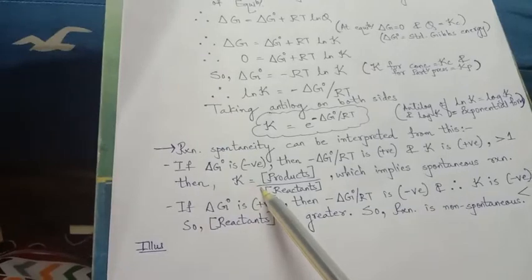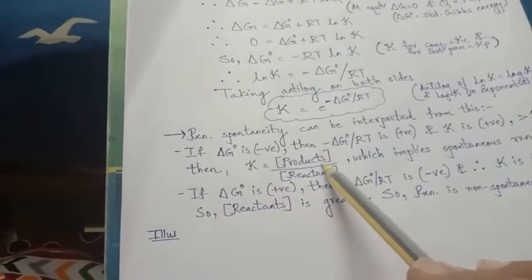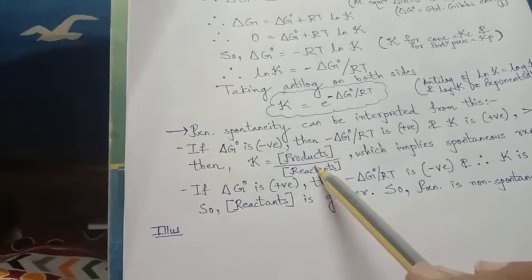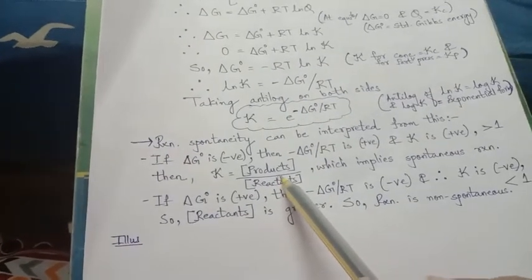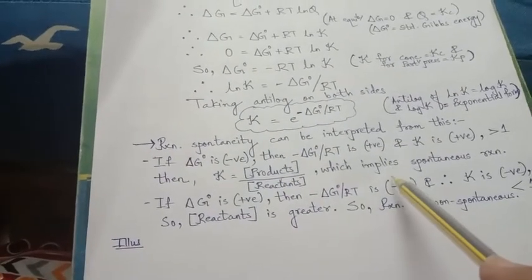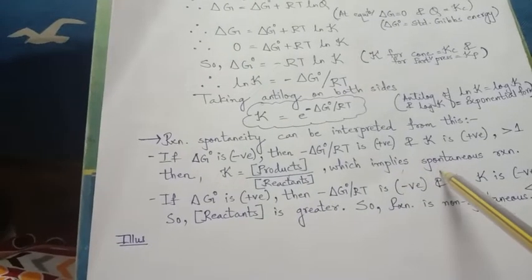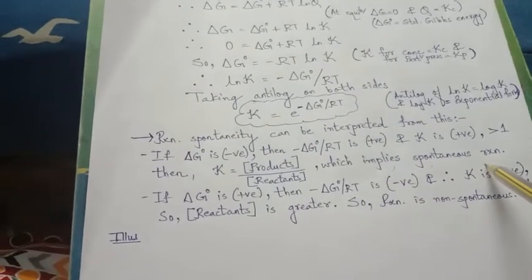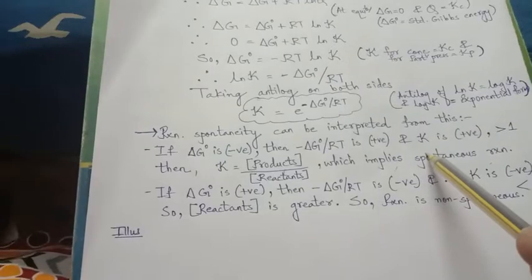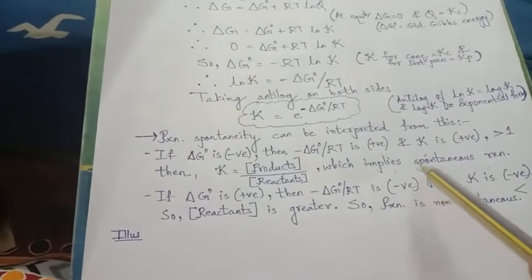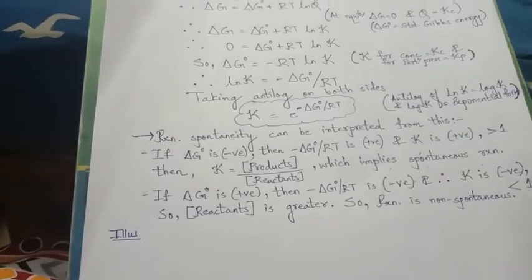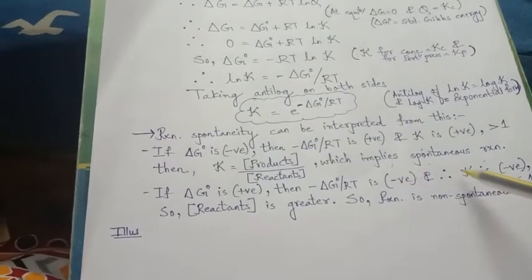Then K is equal to product upon reactant, as we know for the equilibrium concentration, which implies a spontaneous reaction. If the value of K is greater than 1, it gives the idea that the reaction is spontaneous.